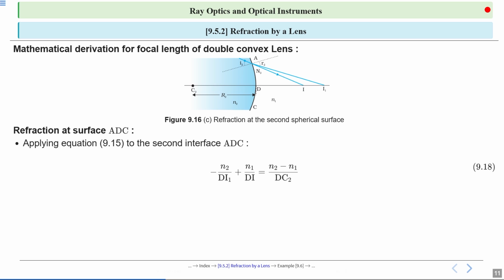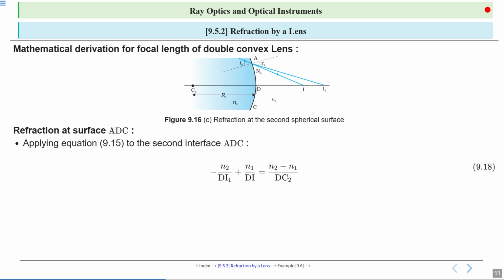This is coming from the denser medium, but the exact location is not there, but if we extend this, it is meeting at I1. So the virtual object distance is di1, but actually it is coming from the denser medium. That's why N2 upon di1, and a negative sign is there. Why is the negative sign there? Because the object is virtual here.